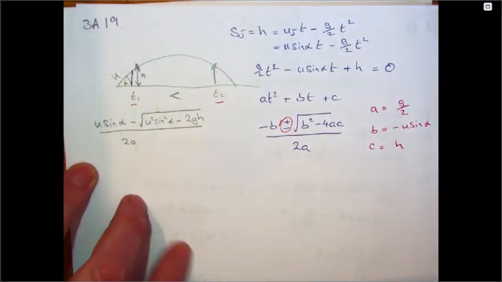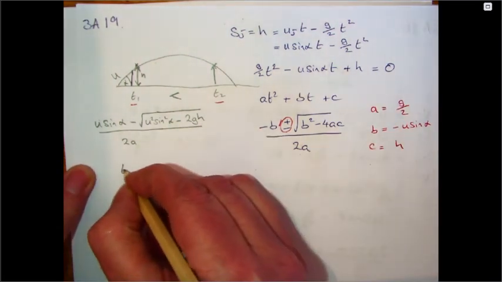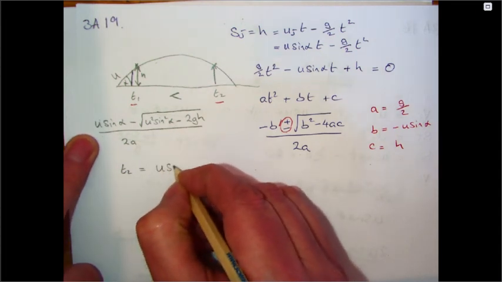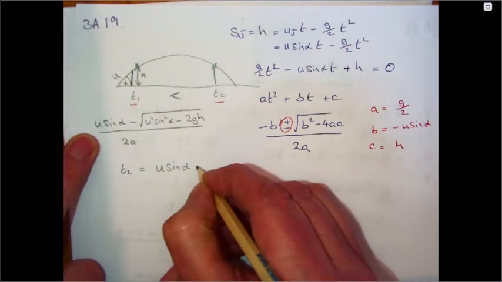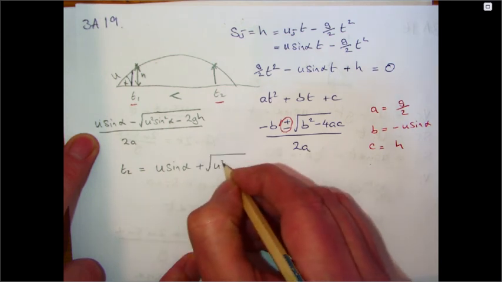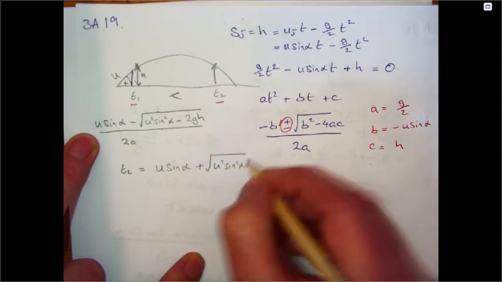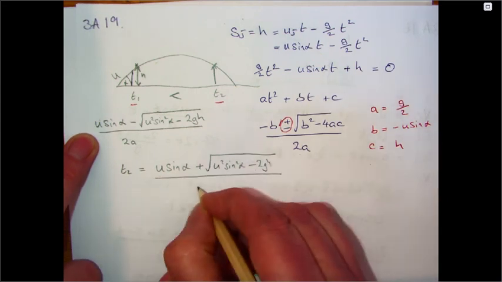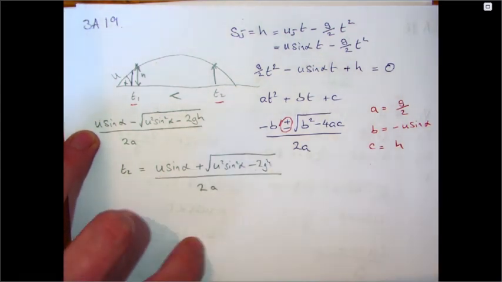Good. What's T2? T2 is very similar, the same thing: u sine alpha plus the root of u squared sine squared alpha minus 2gh, again all over 2a. That's T1 and T2.